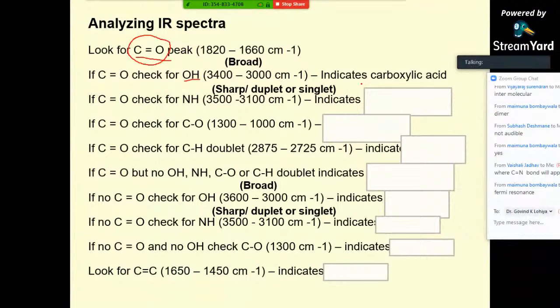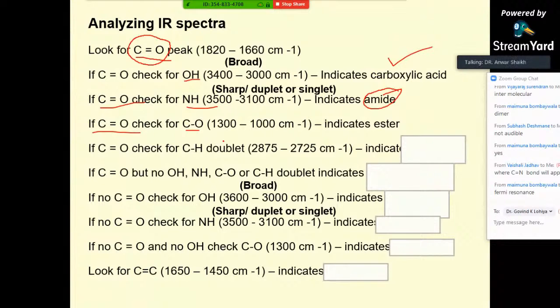It may indicate that a carboxylic acid is present. If along with C double bond O some NH stretching is present, it indicates that an amide is present. If along with the C double bond O another peak is present in the region of 1000 to 1300, consider it an ester.